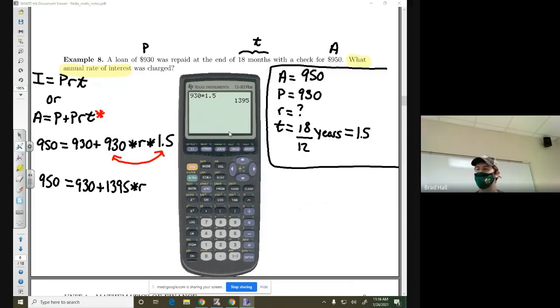Can't really put R in the calculator, so it just kind of lingers for now. And so you think, now we can add these two together. I did all the multiplication, so now we add these two together.